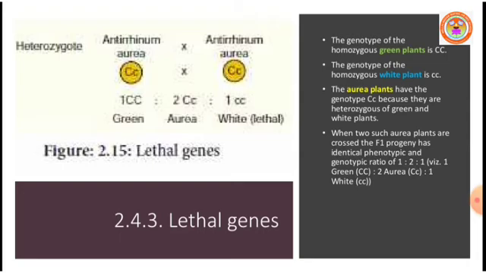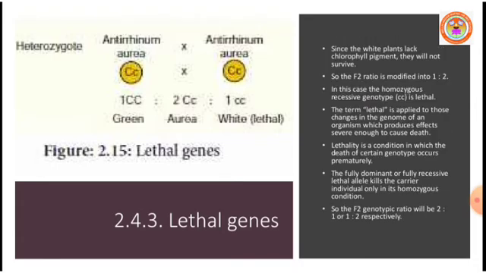When two such aurea plants are crossed, the F1 generation has an identical phenotypic and genotypic ratio of 1:2:1, that is green capital C 25%, aurea capital C small c 50%, and white small c 25%.